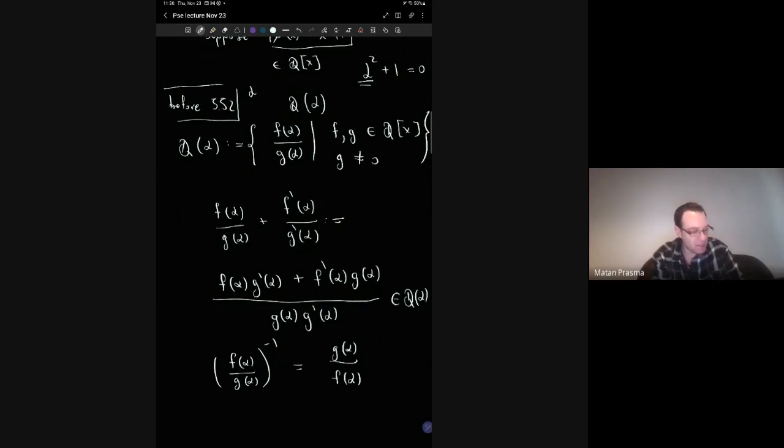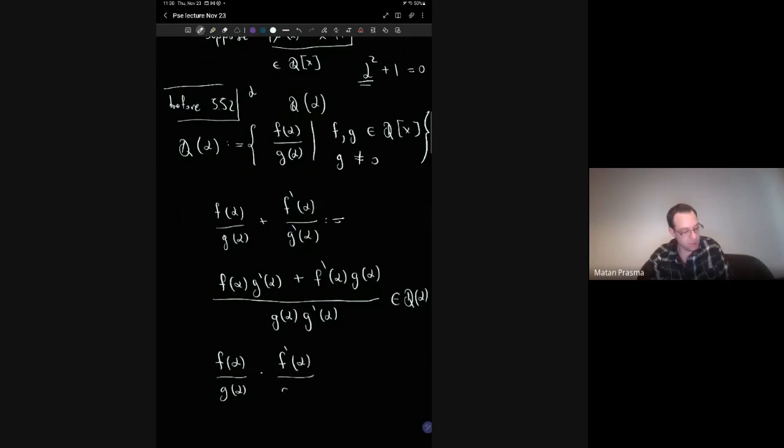Okay, so addition and multiplication I define here. This is addition. Multiplication you can expect the same. If you want to multiply f(alpha) modulo g(alpha) with f'(alpha) modulo g'(alpha), then you multiply f(alpha) times f'(alpha).